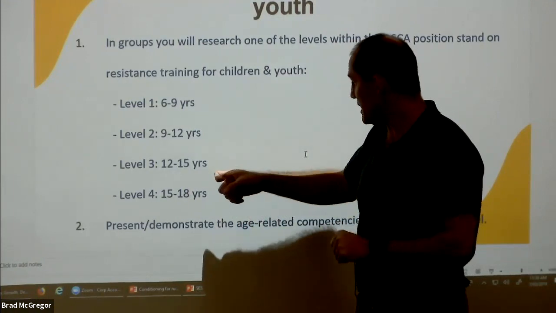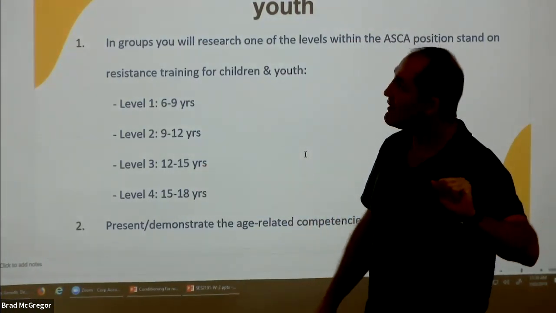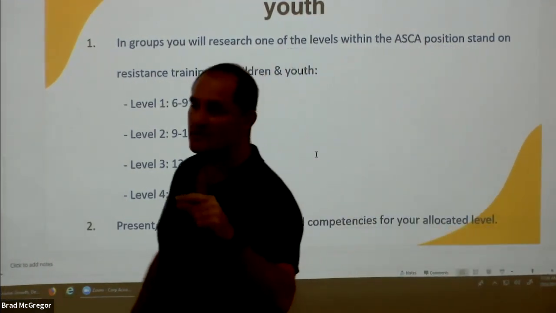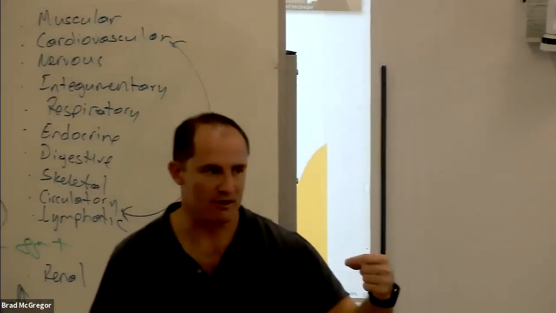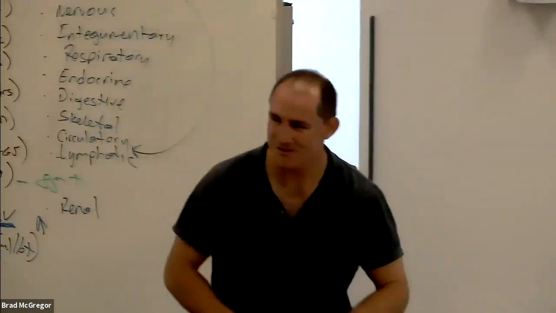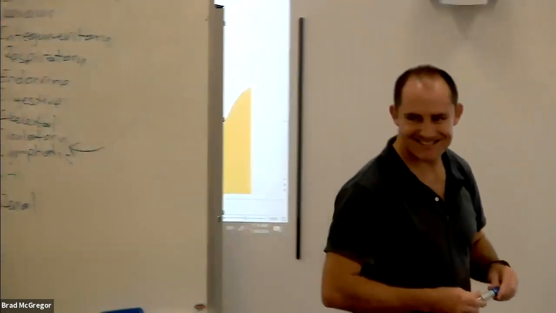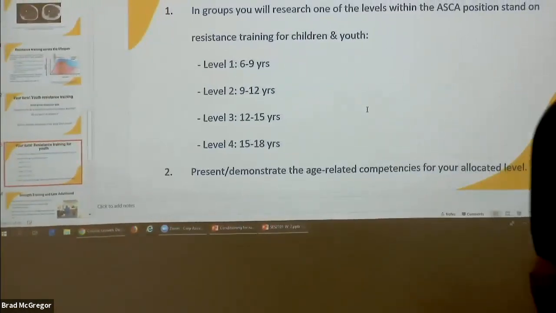The middle row here can do 12 to 15. You guys can do 15 to 18. I'm going to give you 5 minutes to read and understand what those competencies are. Then I'm going to ask you to run through them with the rest of the group. You may or may not choose to demonstrate. It's going to be up to you. All right, away you go.